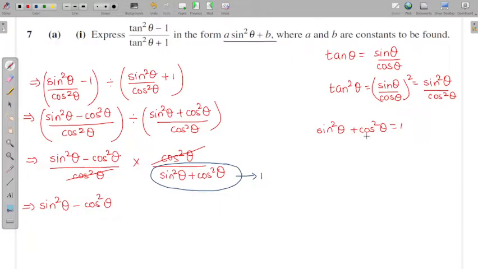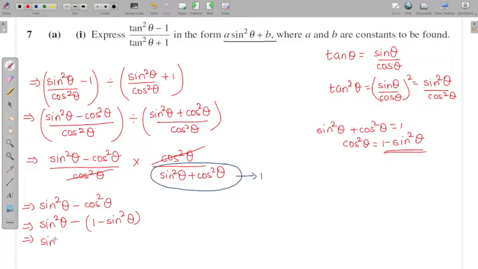Okay, so now if I make cos squared theta the subject and bring sine squared theta to the right hand side, it will become 1 minus sine squared theta. So I can substitute that out here. So it will be sine squared theta minus, now instead of writing cos squared theta, I'm going to use this expression, bracket 1 minus sine squared theta. So let's open up the brackets now.